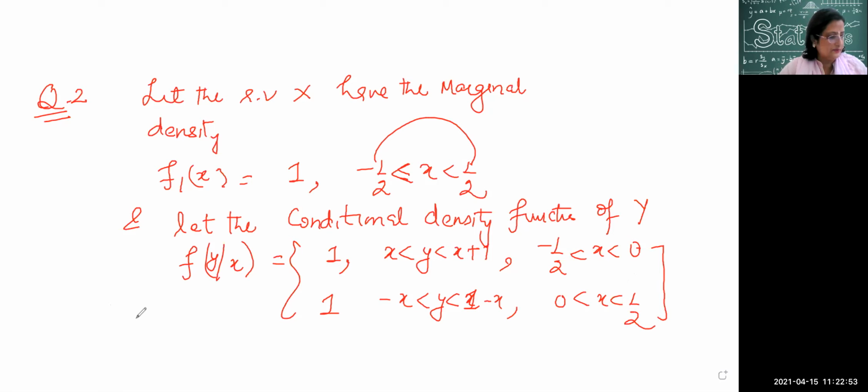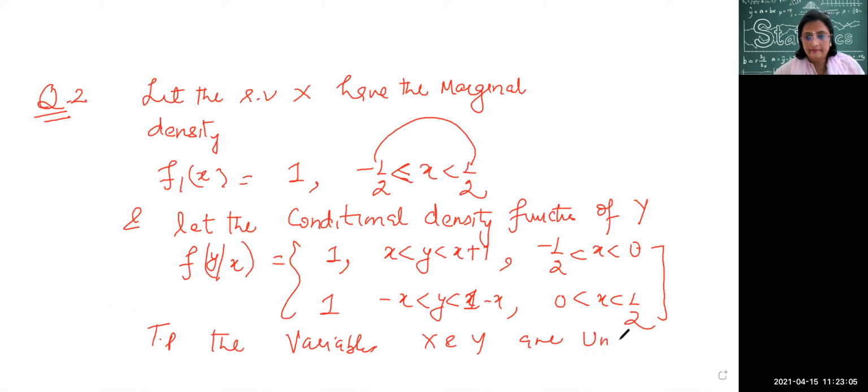Now the question is what they want. Prove that the variables x and y are uncorrelated. Uncorrelated means you have to prove that rxy is equal to 0.